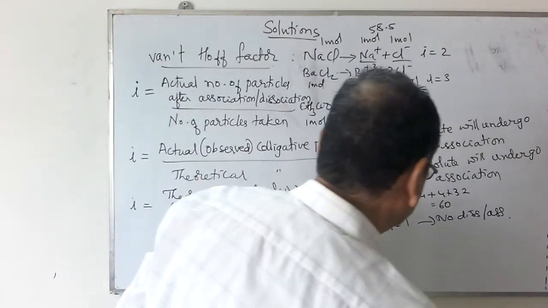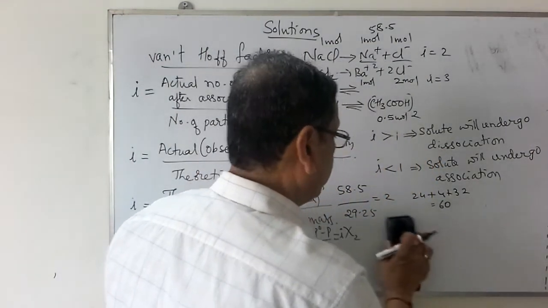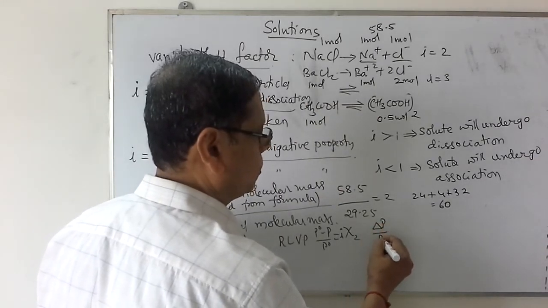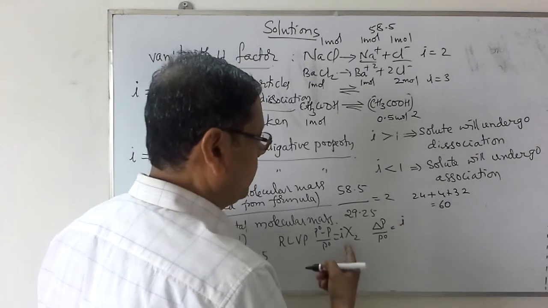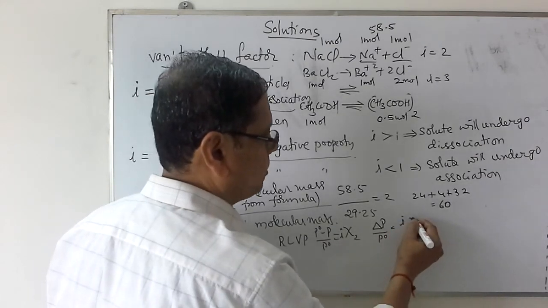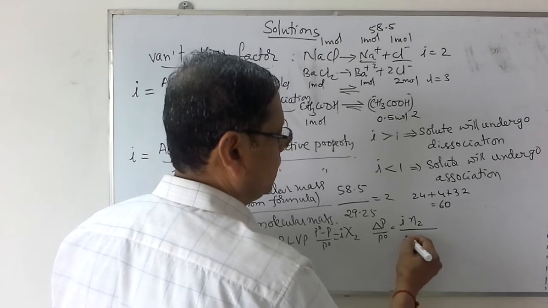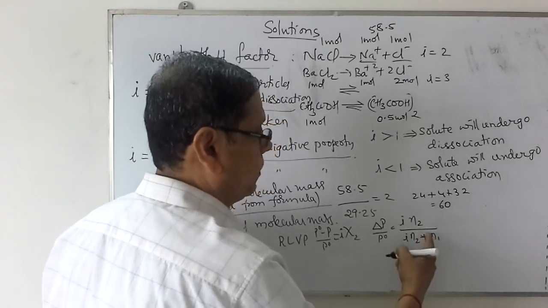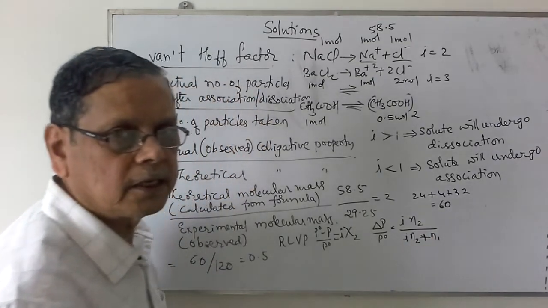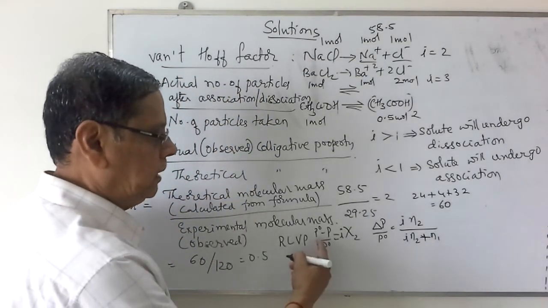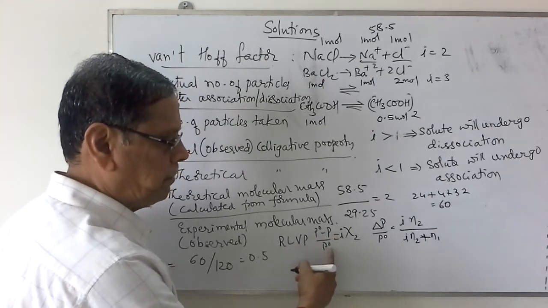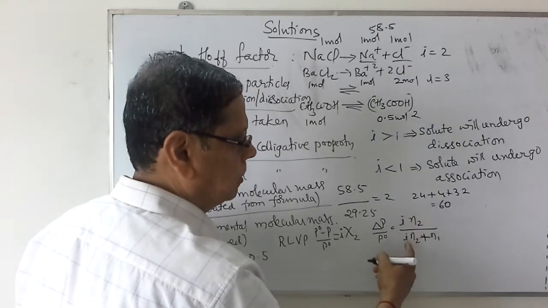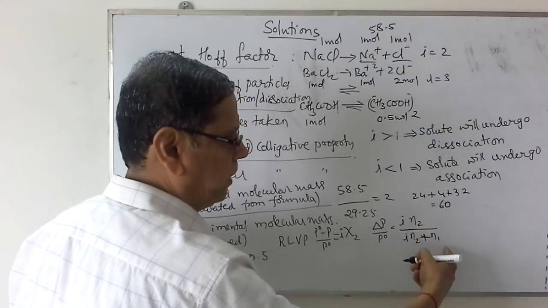In other words, we can write this as, for the relative lowering of vapor pressure, delta P by P naught is equal to i into chi2, which is the number of moles of the solute divided by i N2 plus N1, where N1 is the number of moles of the solvent. So delta P or P naught minus P by P naught, that is relative lowering of vapor pressure, is equal to i times N2 divided by i times N2 plus N1.